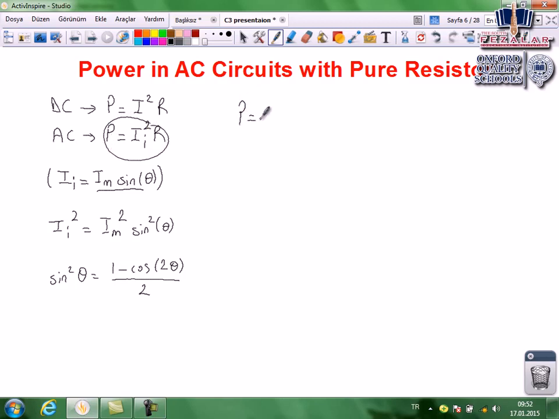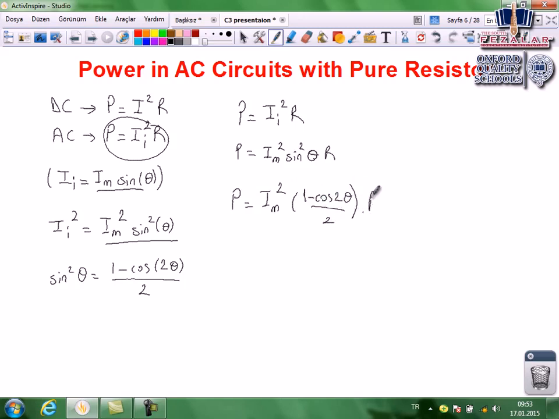Power equals I instantaneous squared R. For the instantaneous squared value, we will write I m squared sine squared theta times R, so power equals I maximum squared. Instead of sine squared theta, we write (1 minus cosine 2 theta) over 2, times R.